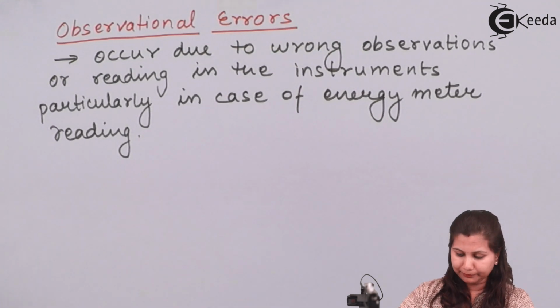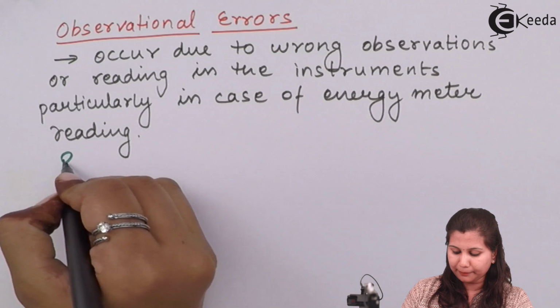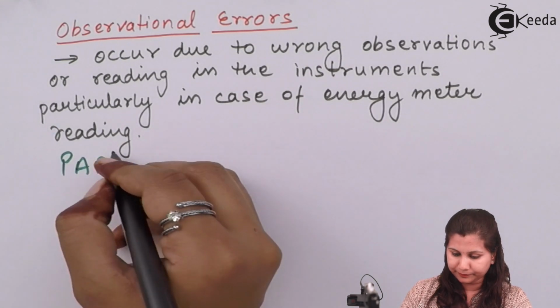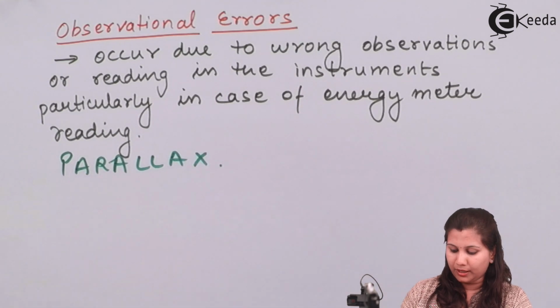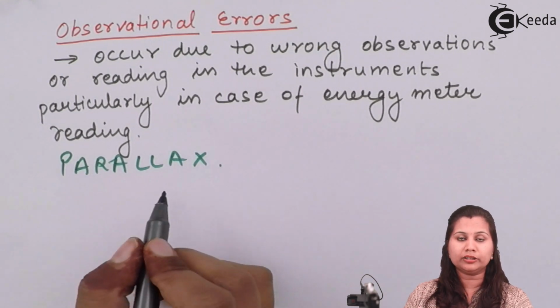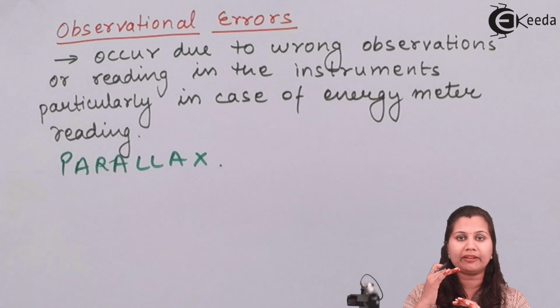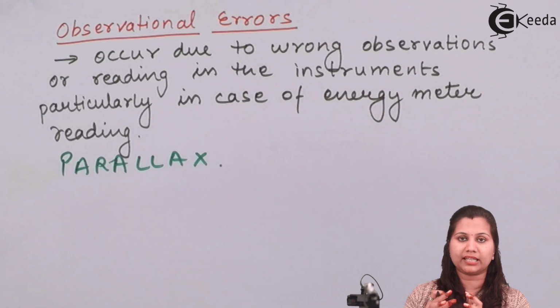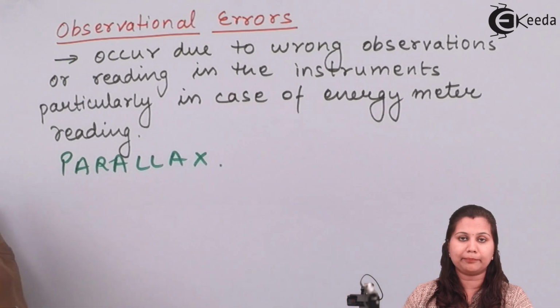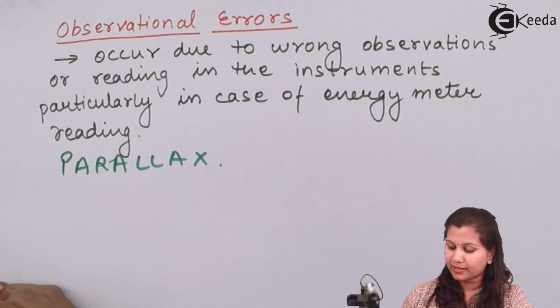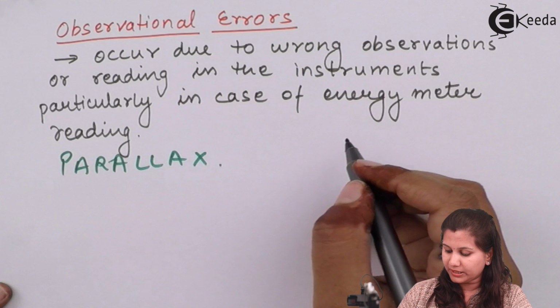Now a common example of observational error is the parallax. This parallax error occurs because of the different levels at which the observer is taking the readings. Taking again the example of vernier calipers, in vernier calipers we take the readings.